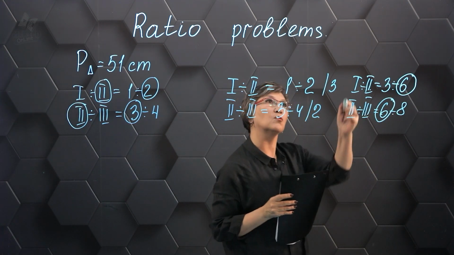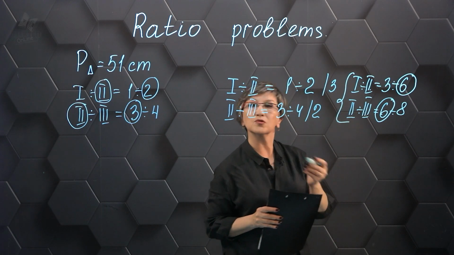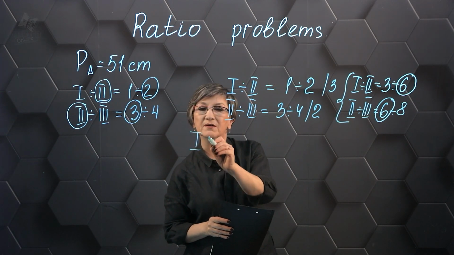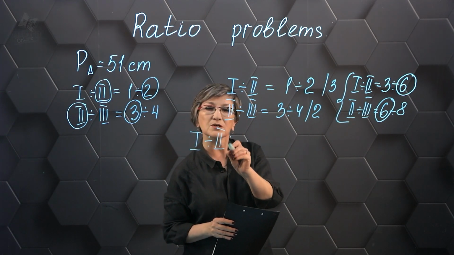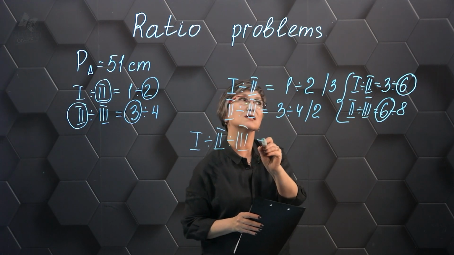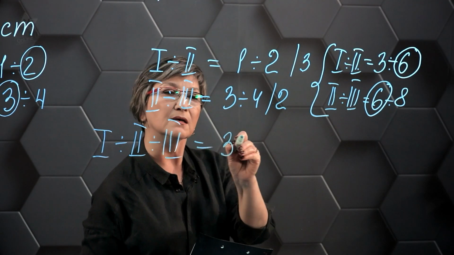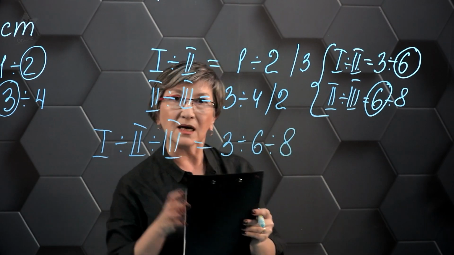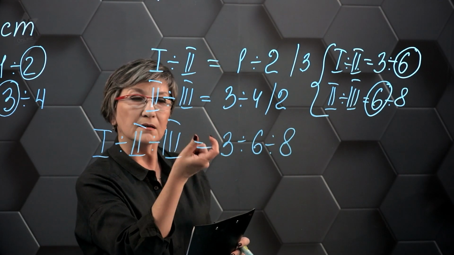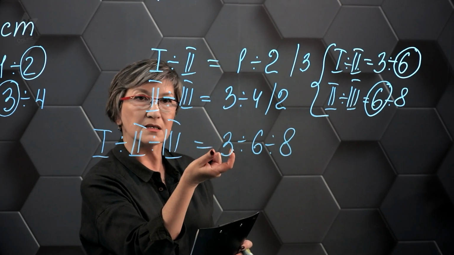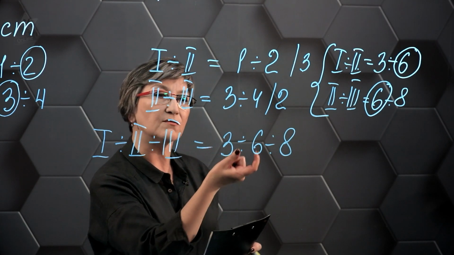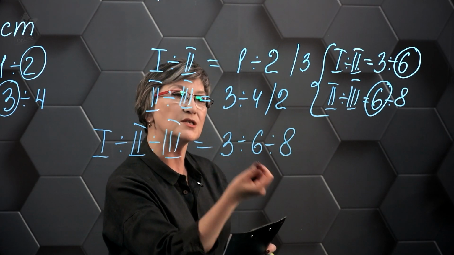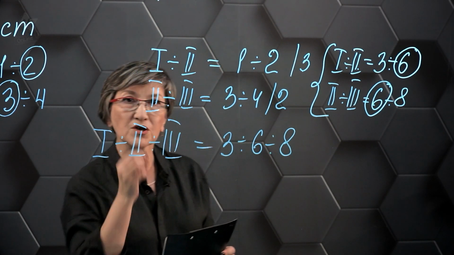Then I can combine these conditions and write down that the first side relates to the second side and relates to the third side as 3 to 6 and 8. And then I know that the first side has 3 parts, the second side has 6 parts, and the third side has 8 such parts.